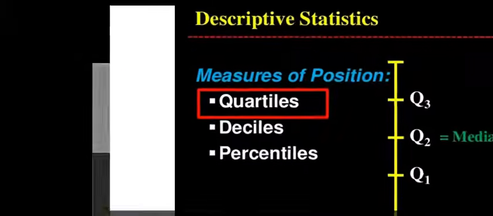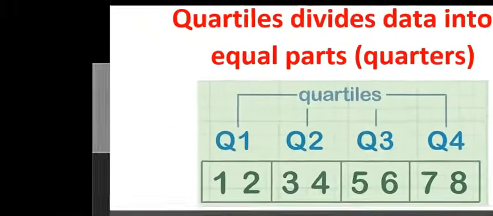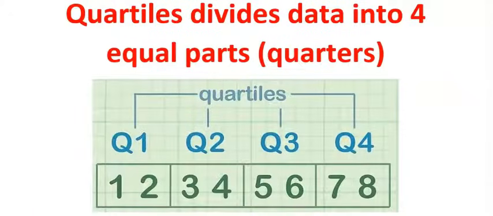In descriptive statistics, you can measure the position of data using quartiles, deciles, and percentiles. Quartiles divide data into 4 equal parts. Each part is a quarter.